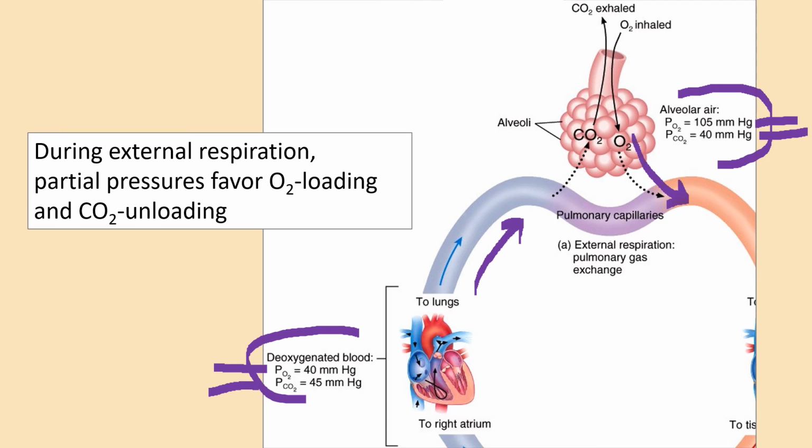So the diffusion gradient, the steepness of the distance, is much less for carbon dioxide than it is for oxygen, but nonetheless, 45 is larger than 40. And so this favors carbon dioxide unloading, and carbon dioxide will diffuse across that respiratory membrane and join alveolar air.